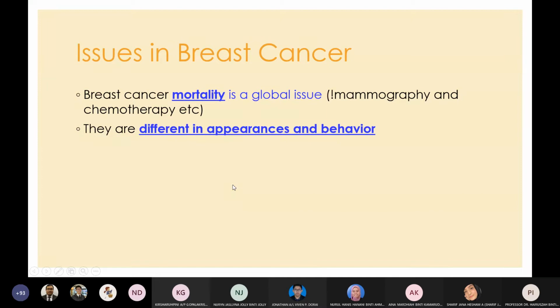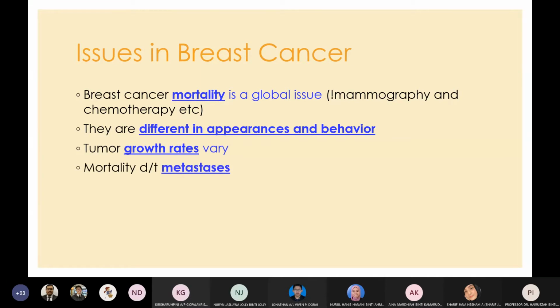The issue is that no one breast cancer patient is the same as another. If you have 10 breast cancer patients, they are all quite different. They behave differently; the behavior, the appearance and the growth rate are very variable. So it's not as straightforward as one disease with clear-cut features ABC and treatment ABC. It's not like that. And mortality is quite high because of metastasis in some of these patients.